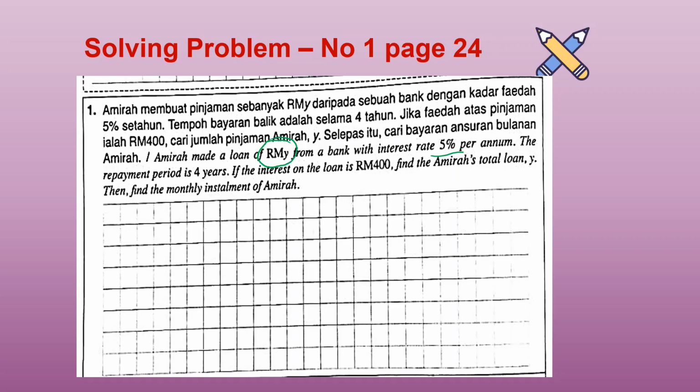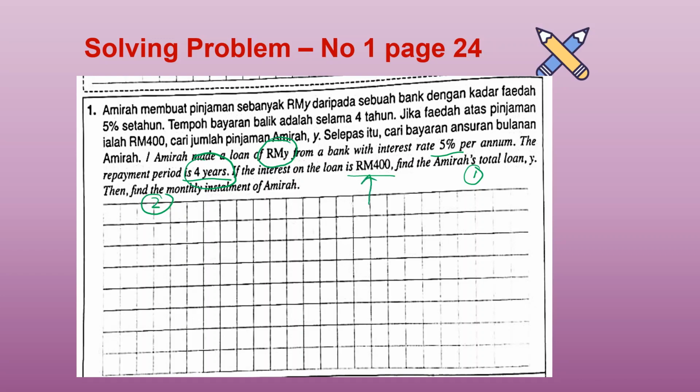The repayment period is 4 years. If the interest on the loan is 400, find Amira's total loan, and then find the monthly installment of Amira.